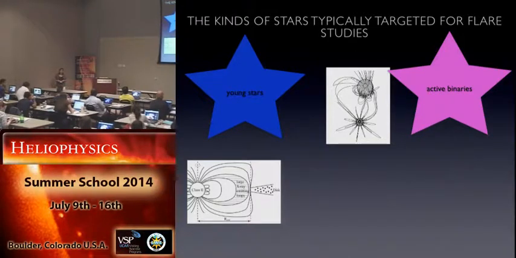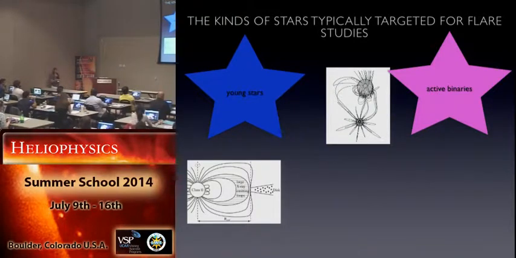The second type of star that's typically targeted for flare studies are active binaries. This is a schematic showing a possible configuration for two magnetically active stars where you have the magnetospheres of the two stars interacting. I showed you an example before of two solar-like stars that had a very enhanced rotation rate because they're tidally locked.